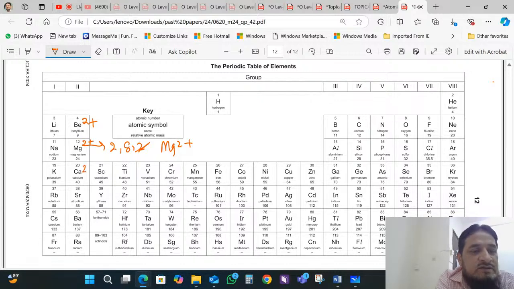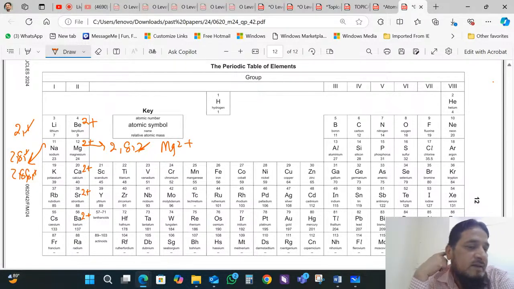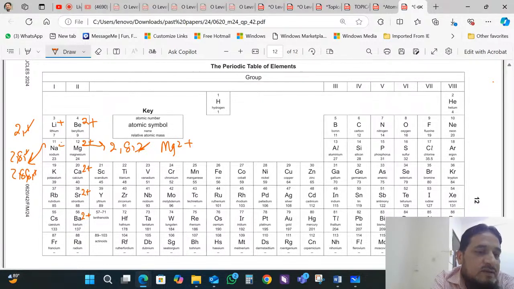Calcium 2 plus. Strontium, barium and radium will also be 2 plus. Same case with sodium: all group 1 elements have 1 electron in the last shell, so they will be transferring 1 electron. When they transfer 1 electron, they will have a plus 1 charge.